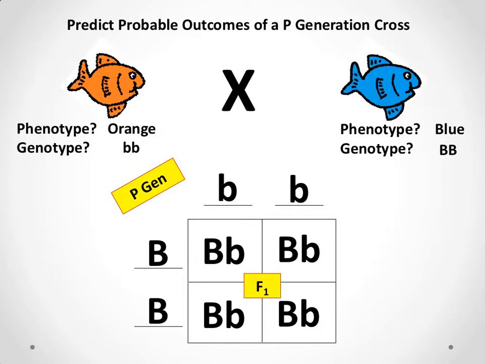So let's see how that statement relates to our actual experiment. Let's segregate the genes of our P generation parents on the outside of our Punnett square. Then we'll combine them together on the inside to show F1 results based on our hypothesis. Then next we can take a look at the phenotype and genotype ratios from this Punnett square.